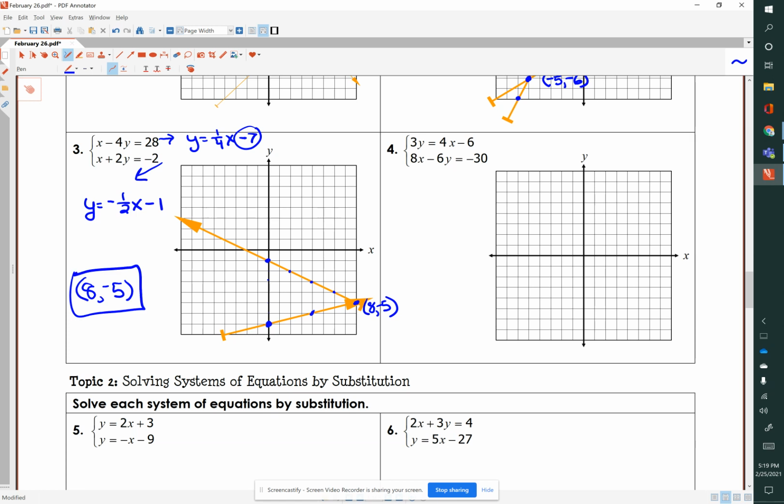And finally, number 4, the first equation in slope-intercept form will be y equals 4/3 x plus 5.